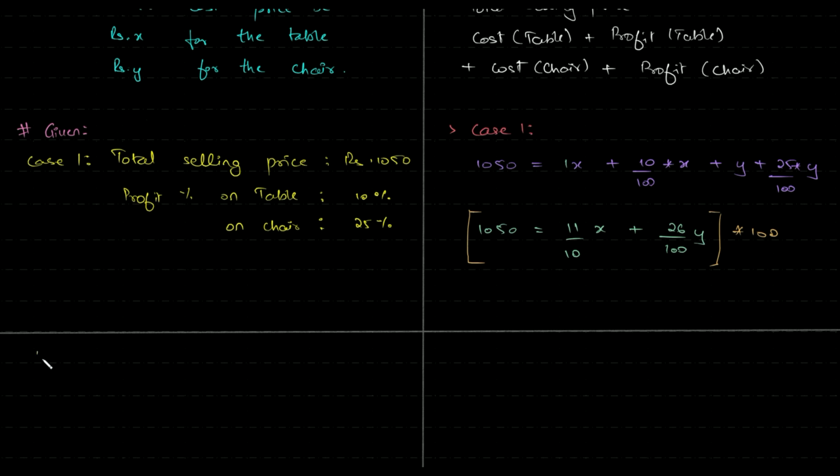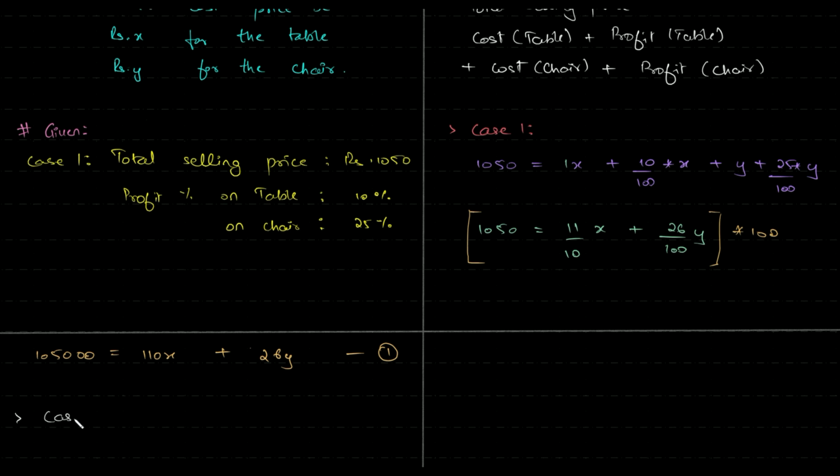We have 105000 equals 110x plus 26y. We have done this kind of math before. Every term is multiplied with 100. This would be your equation 1. The math becomes a lot simpler if you do all of this.